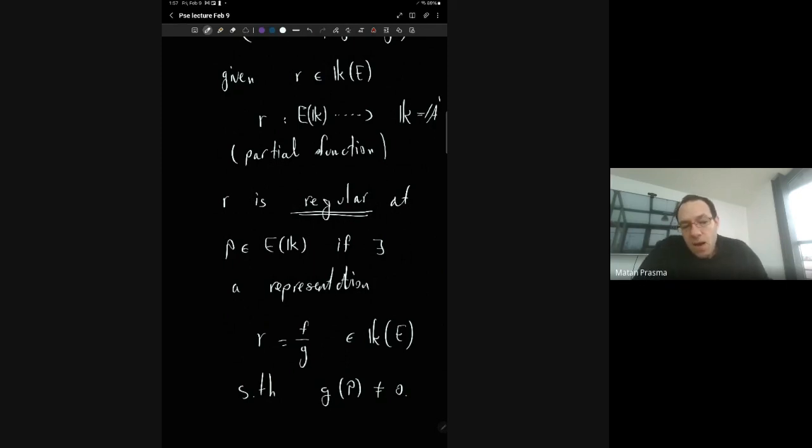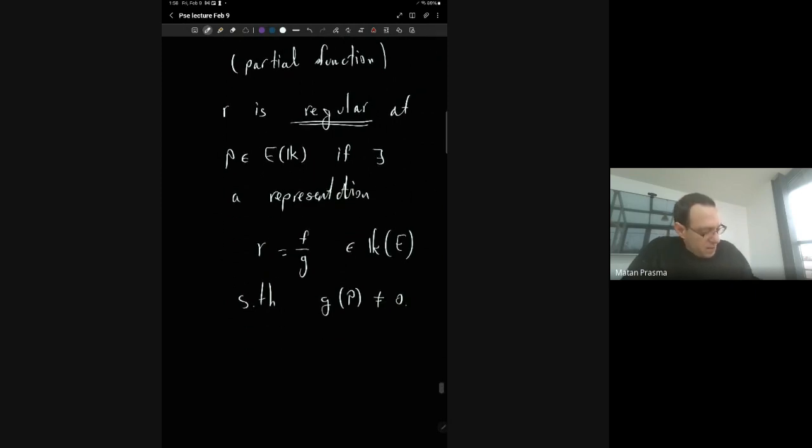And of course, if I take a rational function R, and I know it is regular at a point P, then I can define R of P as simply: you take this representation for which the denominator does not vanish, and you define R of P as this quotient.